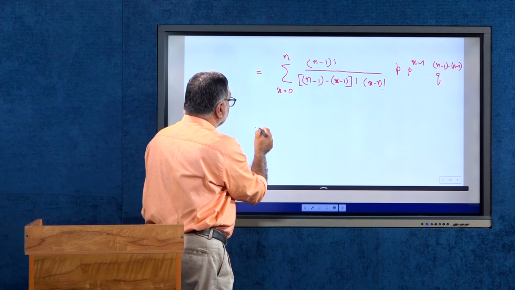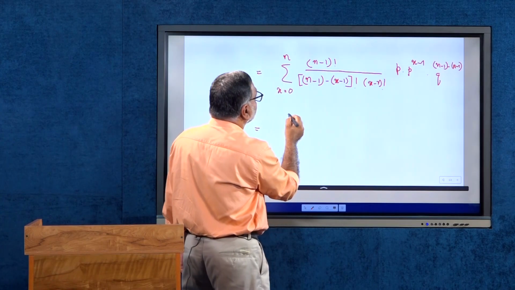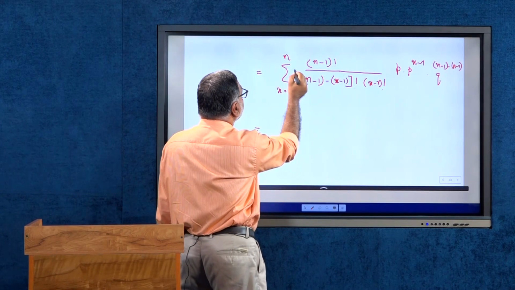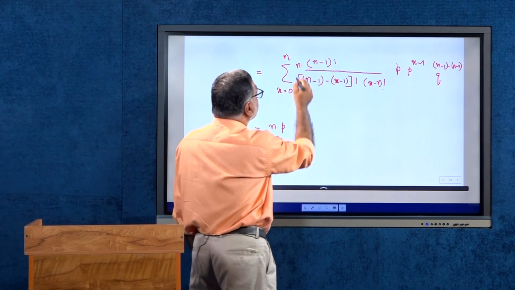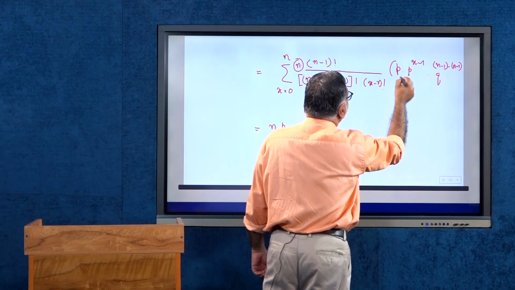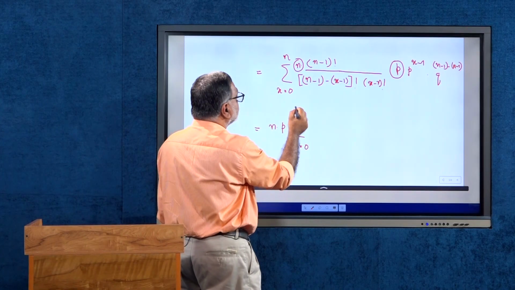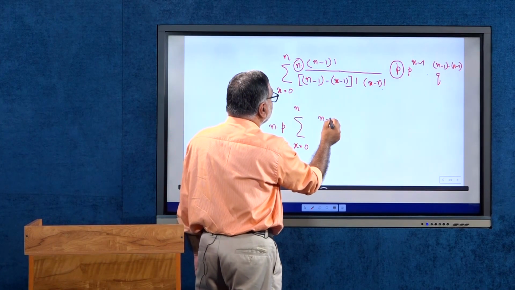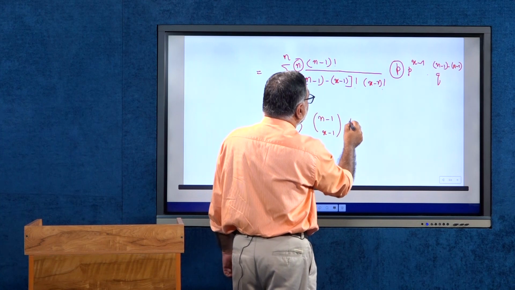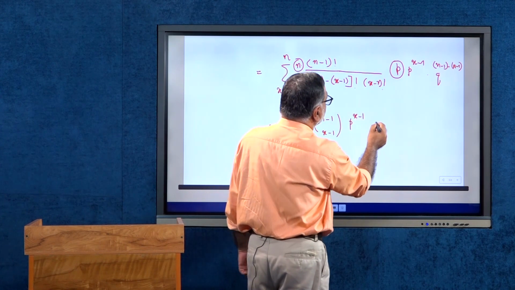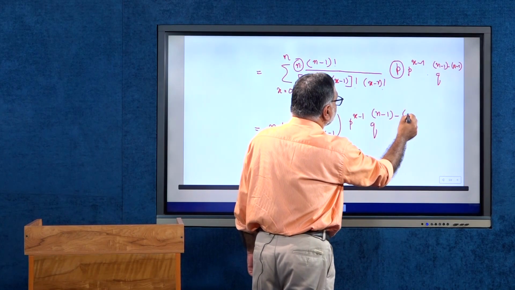So from here you take n factorial as n into (n-1) factorial. So, np is taken outside, sigma x equal to 0 to n of, this is nothing but (n-1)C(x-1) p^(x-1) q^((n-1)-(x-1)).